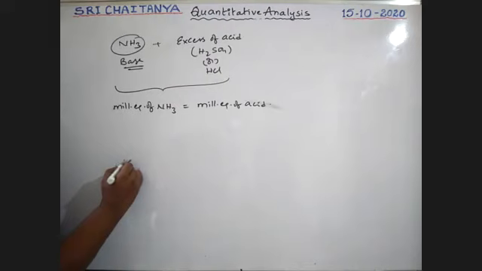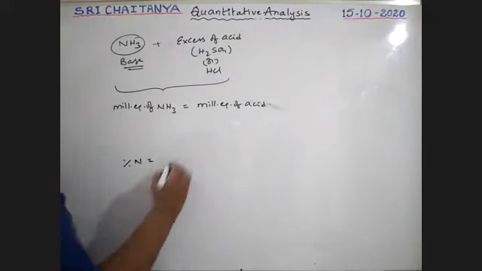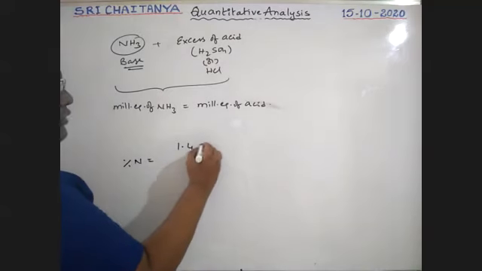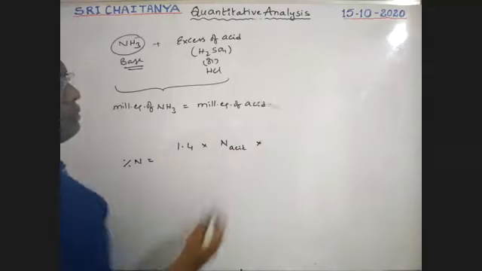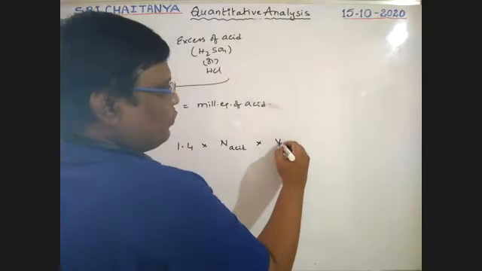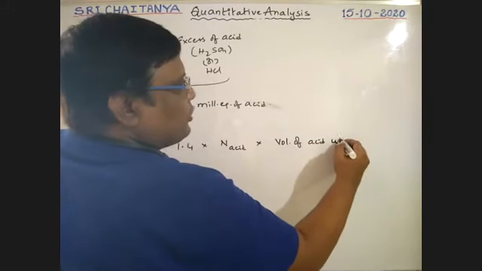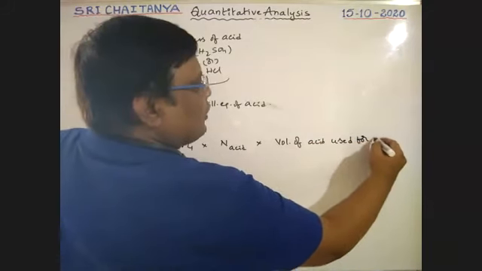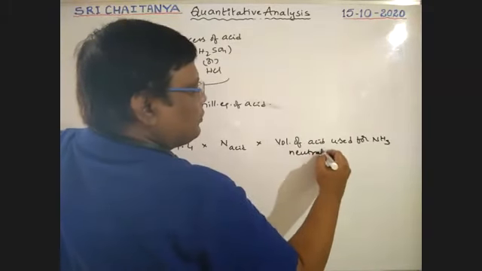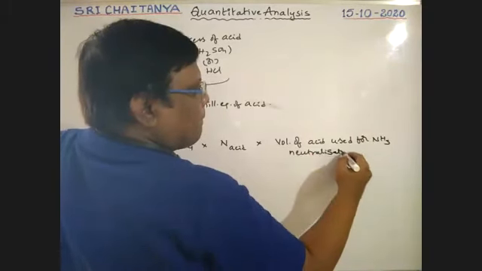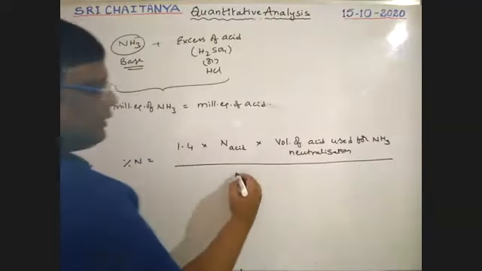Here the formula is: percentage of nitrogen is equal to 1.4 into normality of acid into volume of acid used for ammonia neutralization by weight of organic compound.